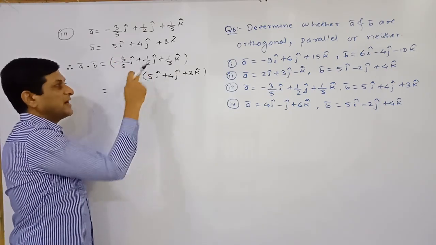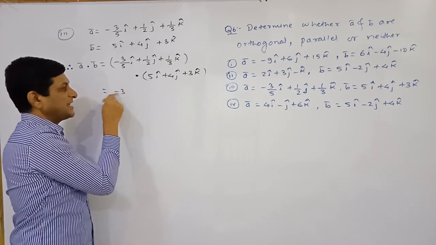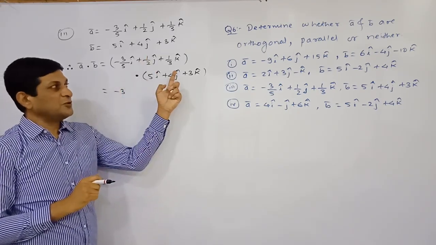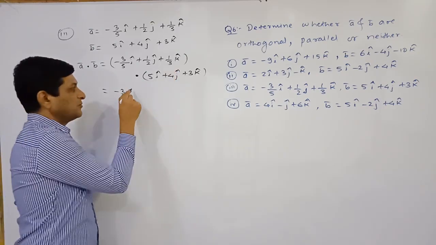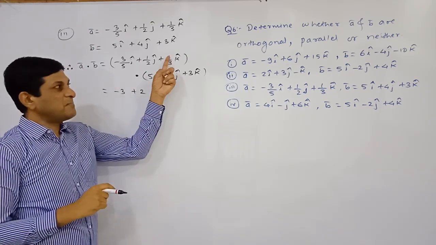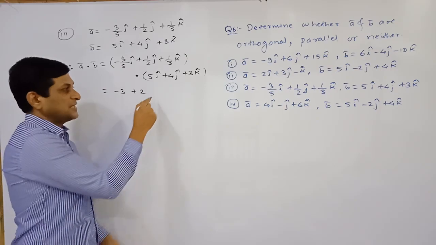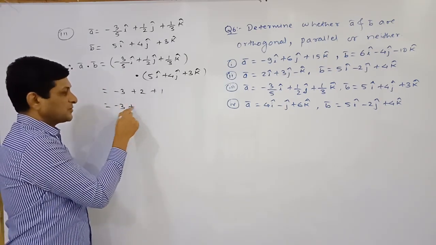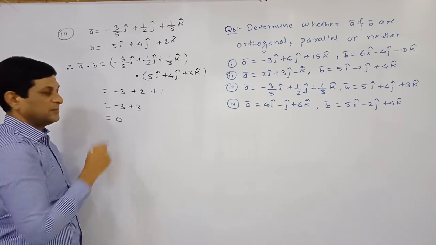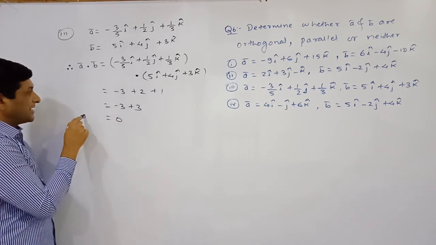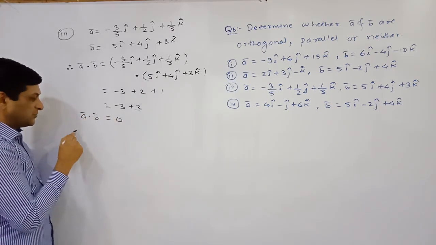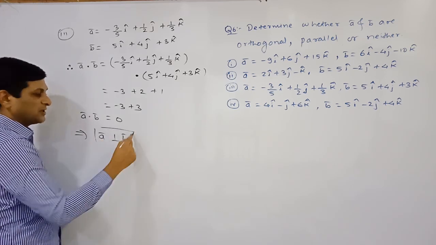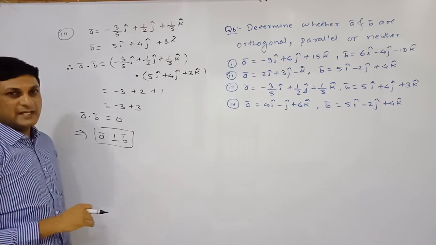Minus 3 by 5 into 5 is equal to minus 3. 5 and 5 get cancelled. Then 1 by 2 into 4 means 4 by 2, which is equal to 2, and 1 by 3 into 3, 3 will get cancelled, we get 1. So it is minus 3, plus 2, plus 1 is plus 3, minus 3 plus 3 becomes 0. So we have shown that the dot product of these two vectors is equal to 0, which implies that these two vectors are perpendicular to each other. In this way we have solved example number 3.